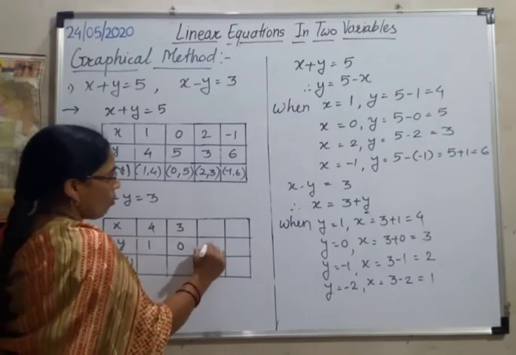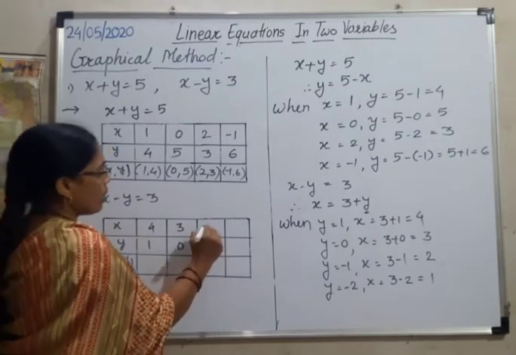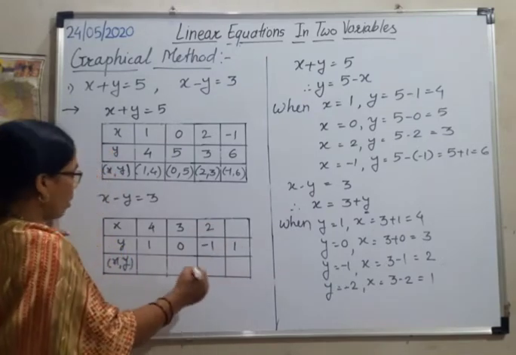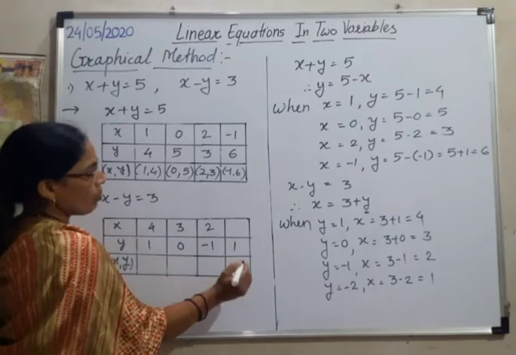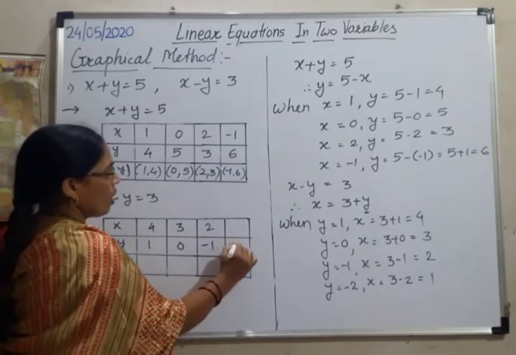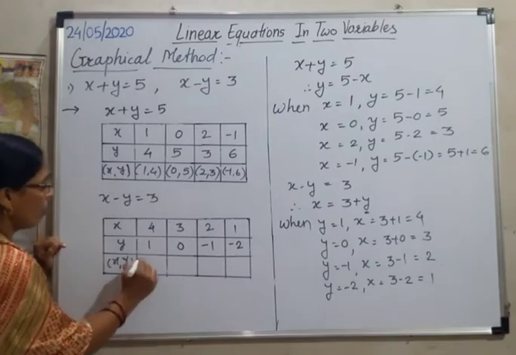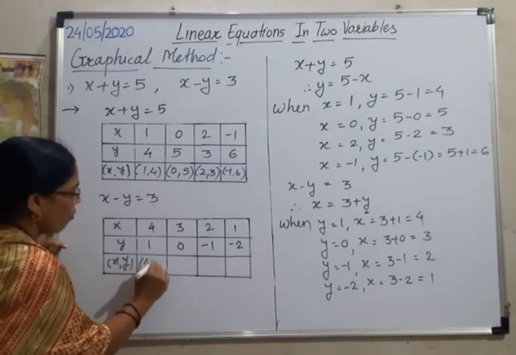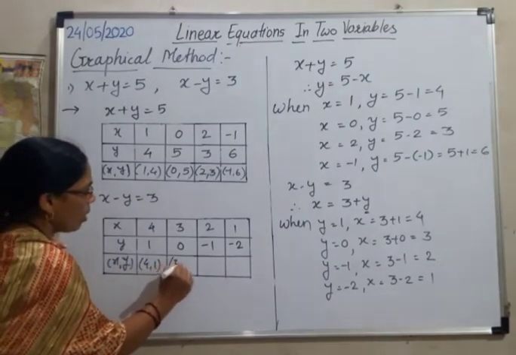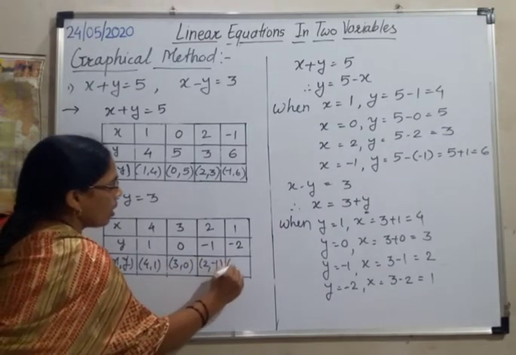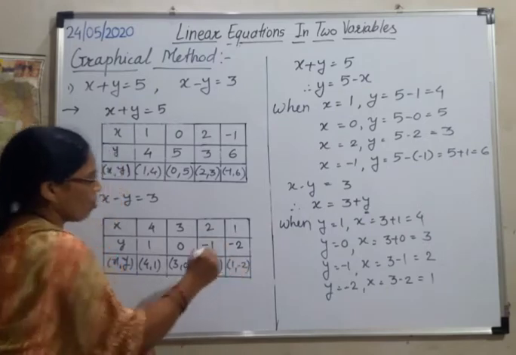When y is equal to minus 1, then we got x is equal to 2. And when y is equal to minus 2, then we got x is equal to 1. Therefore the coordinates are 4 and 1, here 3 and 0, 2 and minus 1, and here it is 1 and minus 2.